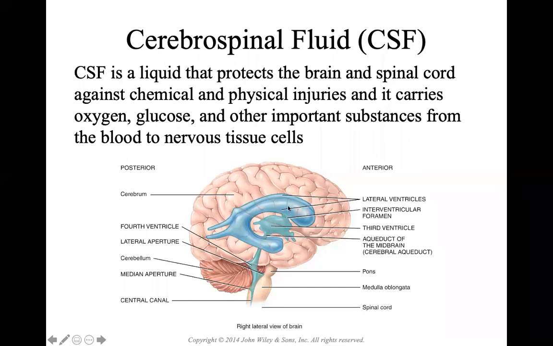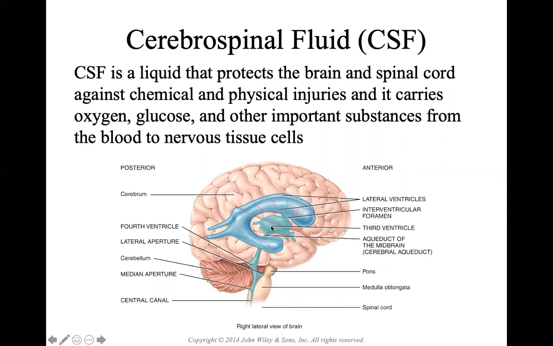So here in both hemispheres, we can see the lateral ventricles. Here, so that's lateral ventricle 1 and 2. Here's the third ventricle. Well, how does the fluid get from the lateral ventricles into the third ventricle? It's got to go through this duct work, this drain called the interventricular foramen of Monro.